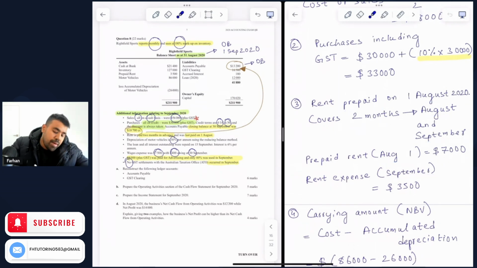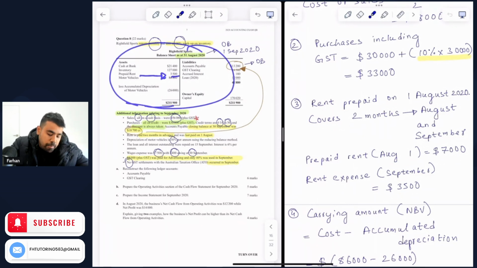If you check the balance sheet, you are not given $7,000 as the prepaid rent, but $3,500. Now, here is something we need to understand, and I need you to understand this properly.